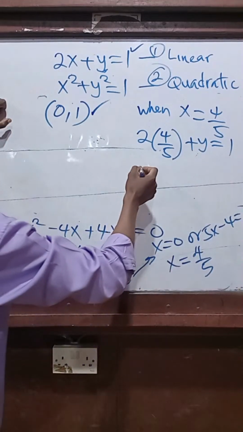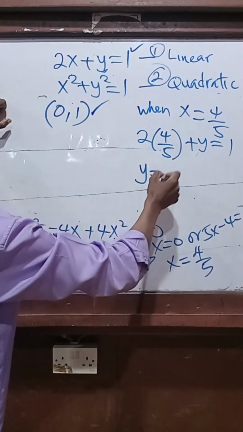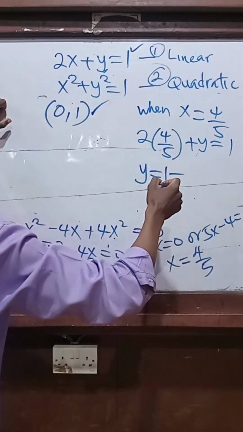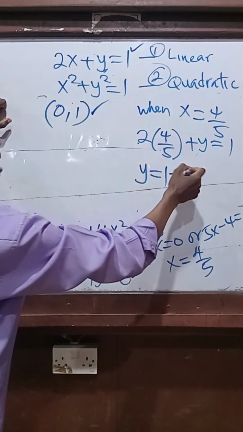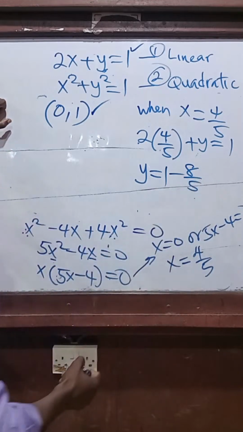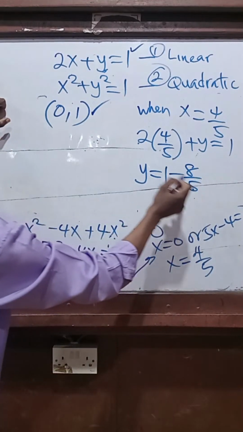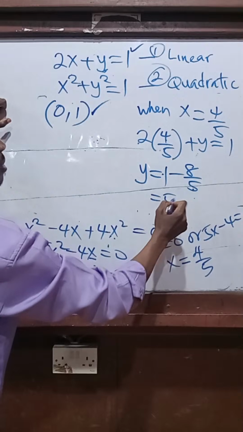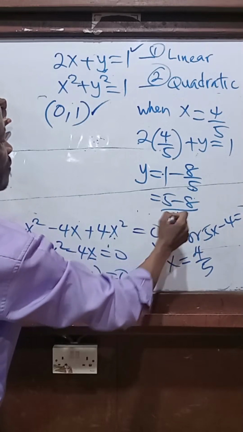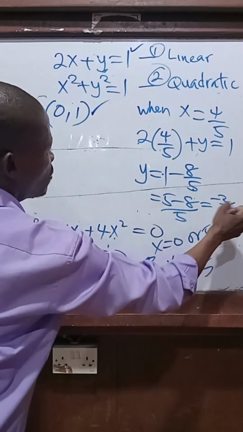Then make y the subject, and that will be equal to 1 minus q times this one, that's 4 over 5. So if you do the algebra, 5 times 1, that's a 5 minus 8 over 5, and that's what? Minus 3 over 5.